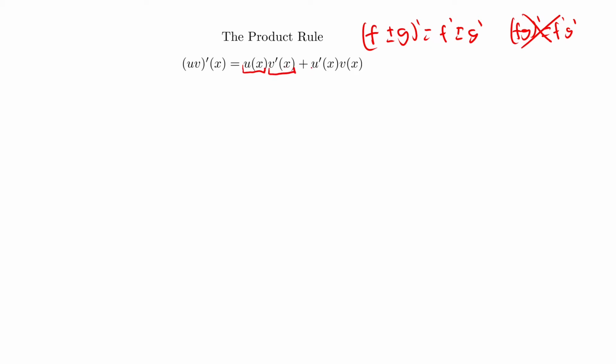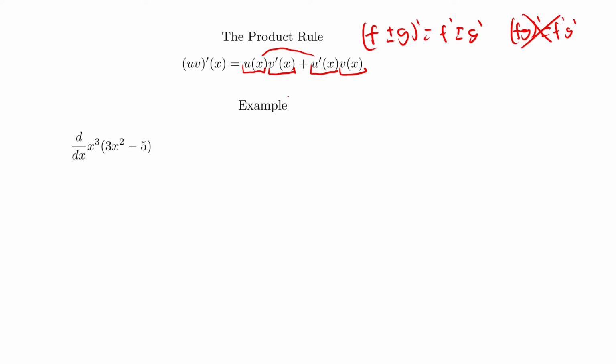So then you take the derivative of the function that you originally left as is, and then you take the derivative of the other function. I know that's a little bit complicated to say. I think the easiest way to understand this is just to jump straight into an example.